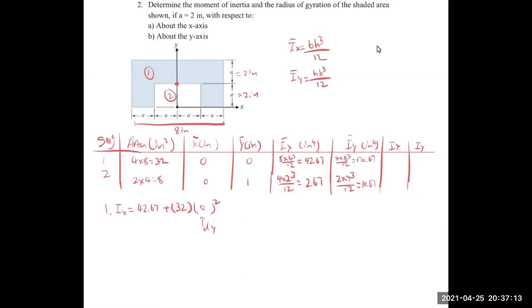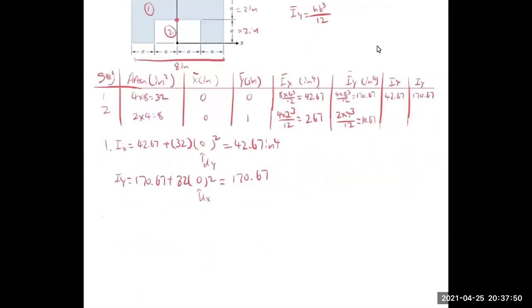But the segment 1 centroid is also the centroid of the entire composite body. They are at the same location, so there is no distance between them. So this will be 42.67 inches to the fourth. And for Iy, that'll be 170.67 plus 32 times dx, and same thing, dx will be 0. So this one's 42.67 and 170.67.